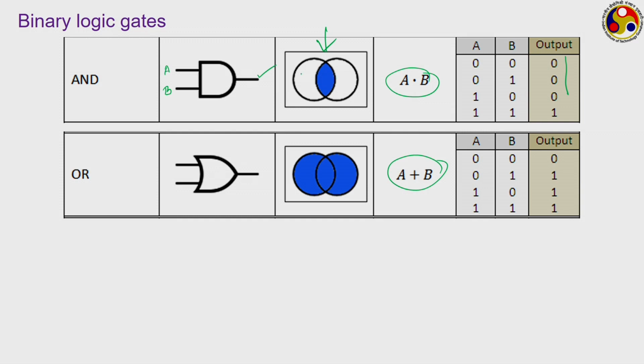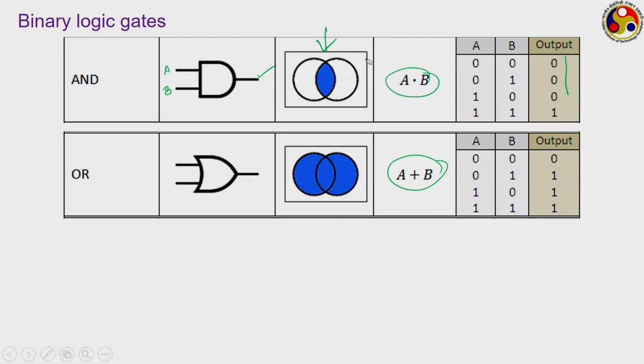In this portion, one input is on but the other is not available. Similarly, in this portion the second input is on, but the first one is not available. This is the only portion where both the inputs are available, and that is why you are going to get some output only in this blue portion.